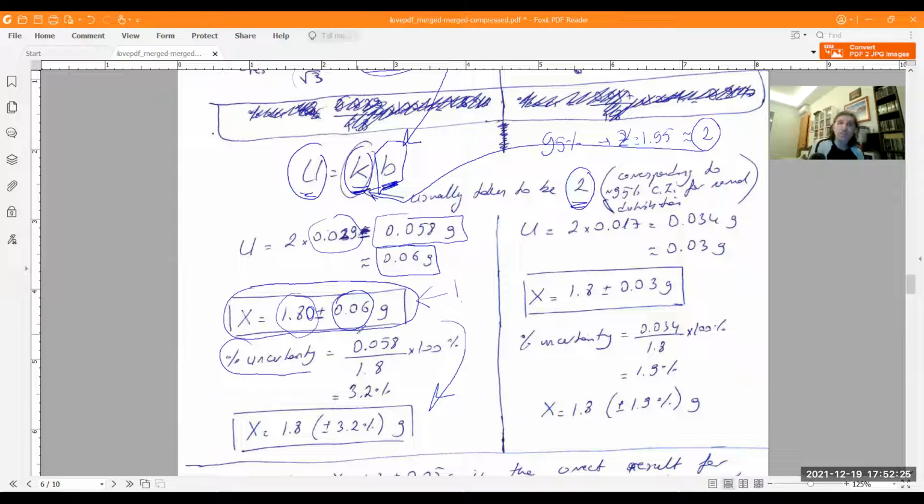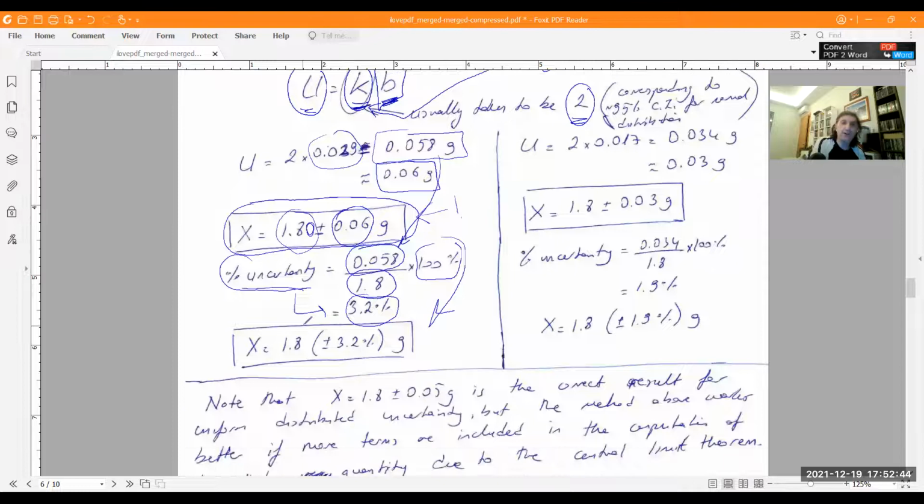One way to feel the magnitude of the uncertainty is to divide this uncertainty value by the measured value and multiply it by 100. When you do that, we find the percent uncertainty, which is equal to 3.2 percent. And this is how we report it. Our point estimate, or our measured value, is 1.8 grams with a plus minus 3.2 percent uncertainty.